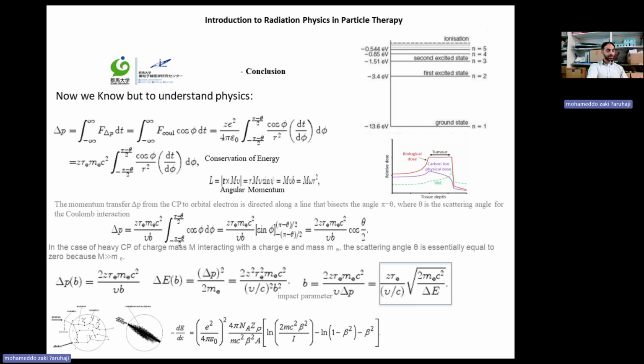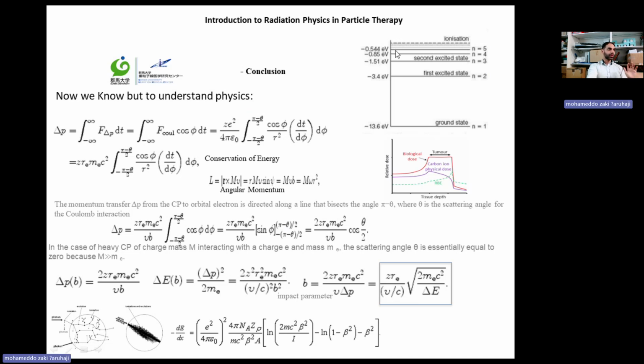So to conclude, particle therapy is the best. So far, heavy ions are the most accurate, the most advanced. It is not like photon.